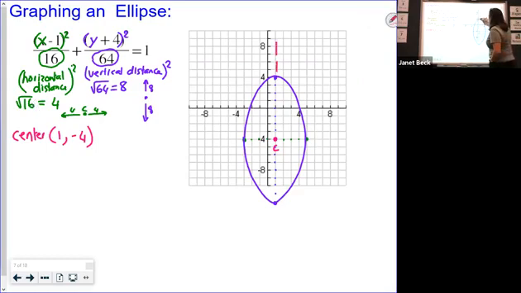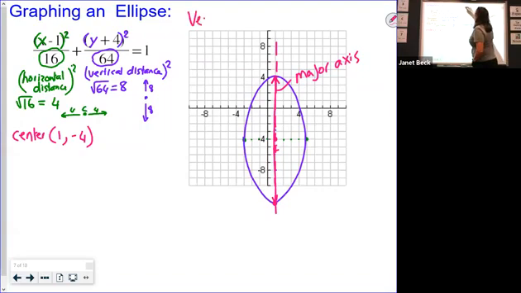And when you look at that one, can you see that we would actually call this one a vertical ellipse? Because this length from this vertex to that vertex, we call that length the major axis, as in the longer axis. On this one, the major axis is vertical.